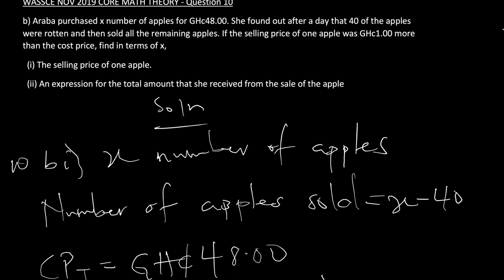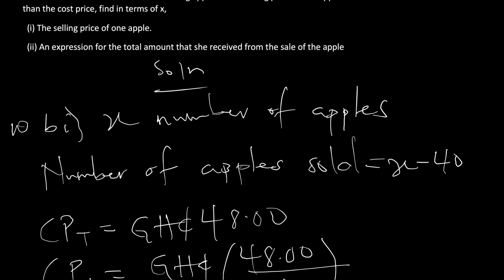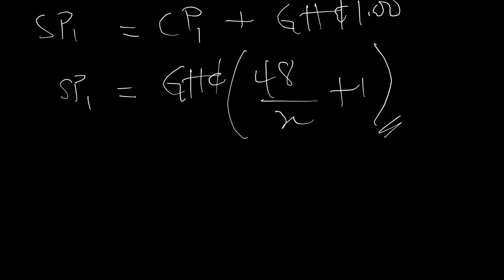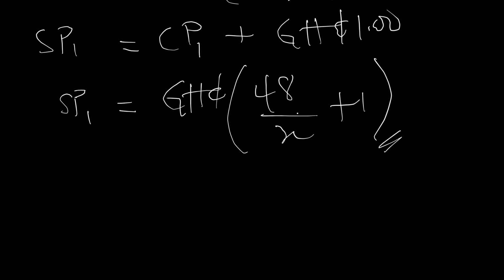We are asked to find, in terms of x, an expression for the total amount she received from the sale of the apples. So the selling price of one apple is 48 over x plus 1.